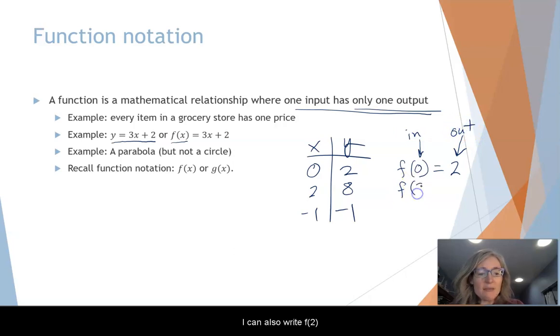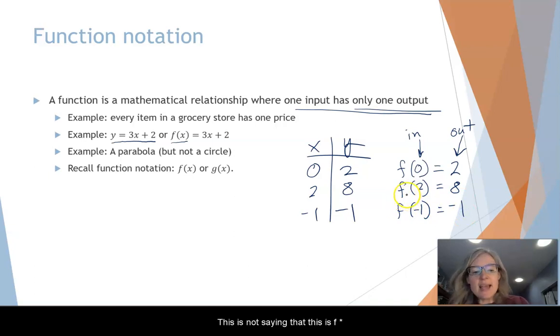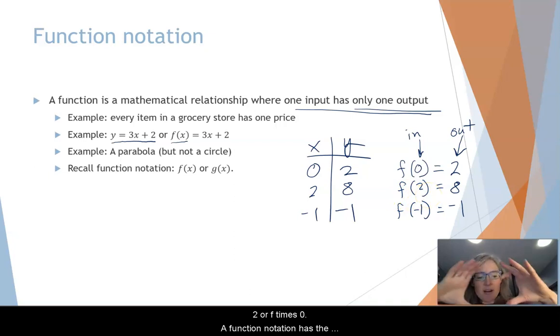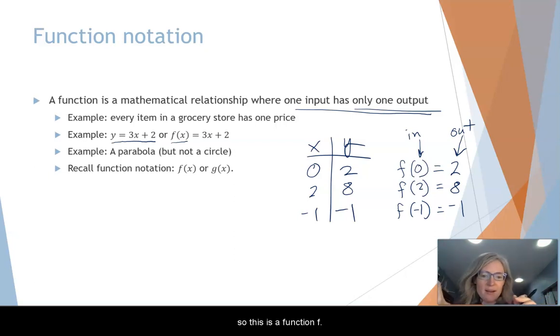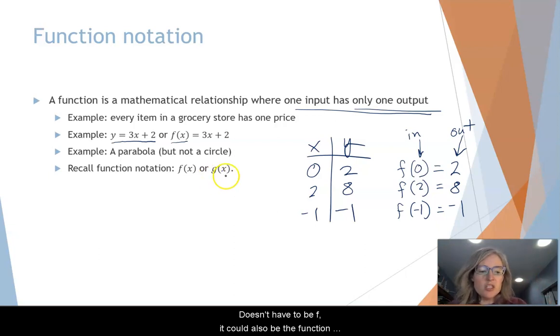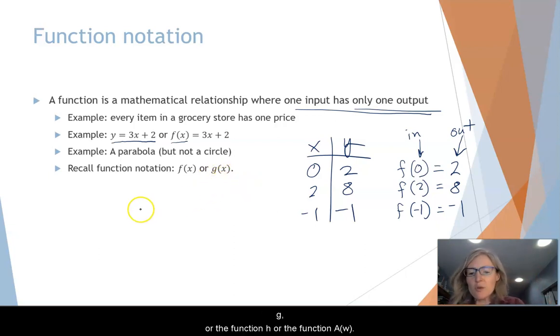I could also write f of 2 equals 8 and f of -1 equals -1. This is not saying that this is f times 2 or f times 0. It's function notation, has the input with the function right there. So this is a function f. It doesn't have to be f. It could also be the function g, or the function h, or the function a of w.